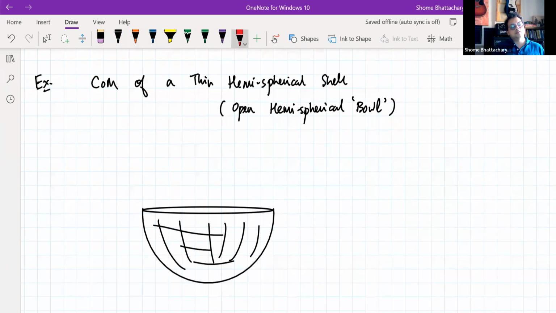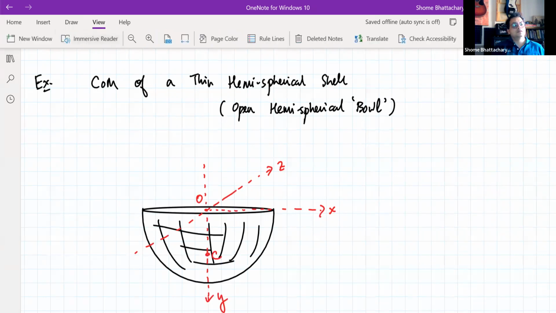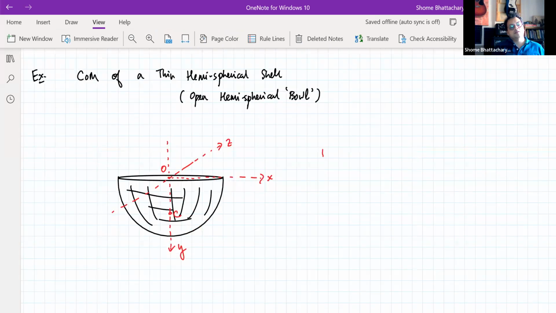And once again, take the origin at the center of curvature. And this is an axis of symmetry. Let us say the base of the bowl is lying like this. So this time, let's take this as our X and Z axis, whereas the Y axis is the axis of symmetry. So the center of mass will lie somewhere like this. So again, we have to find YCM by using this formula.